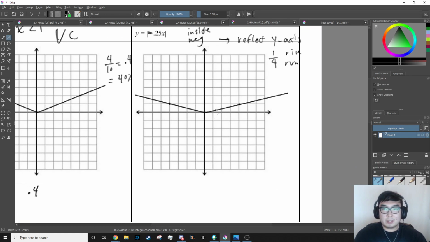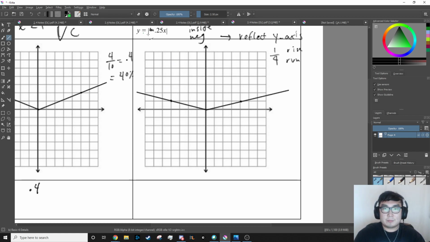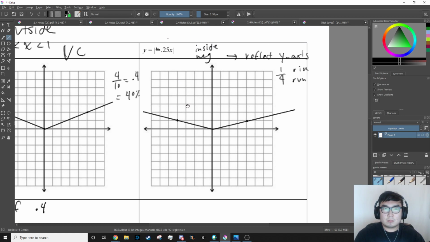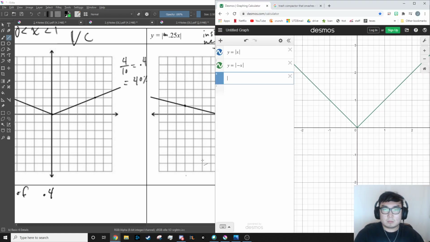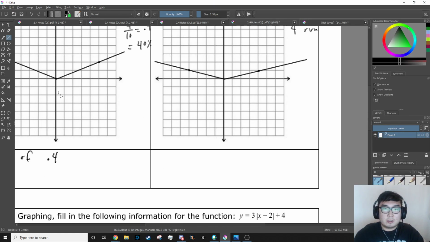Nice. So this is 0.25x. Yeah, this is a horizontal stretch because I pulled it from the left and right by 0.25.